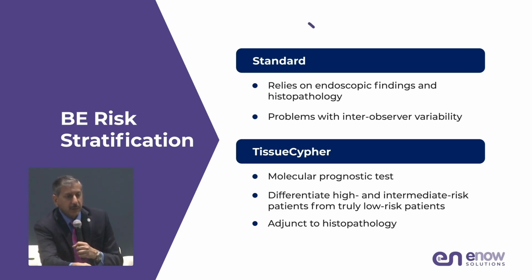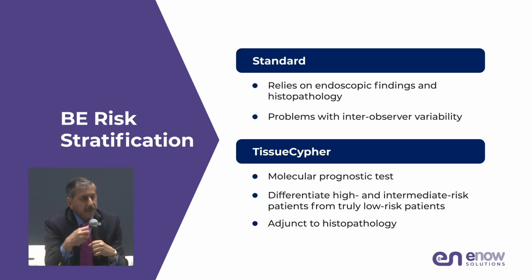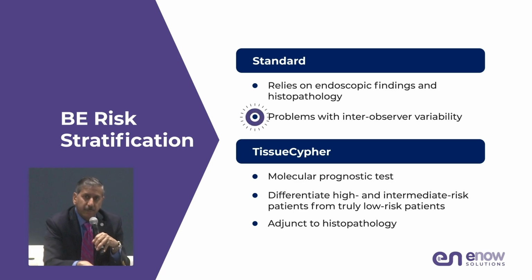Standard risk stratification relies heavily on endoscopic findings, but also on histopathology, which has its own Achilles heels in terms of interpathologist variability, and the literature is rife with that. So that's where we are right now. And what does TissueCypher add to that?